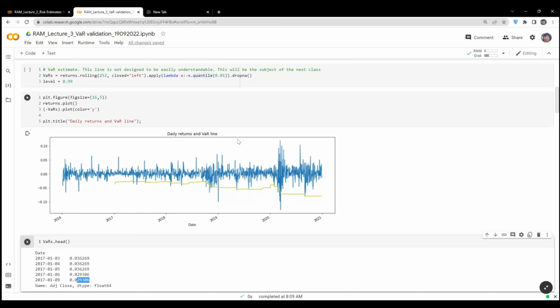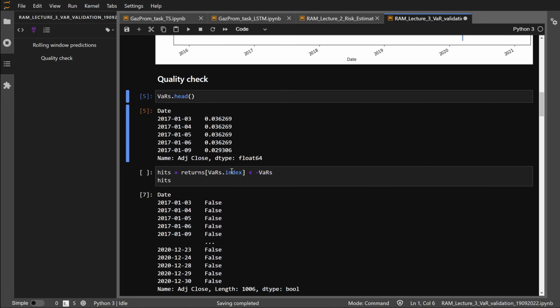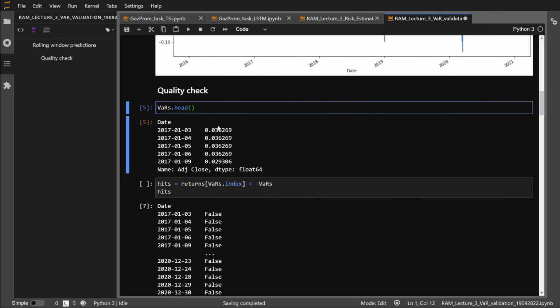And this actually led us to construct a formal statistical hypothesis testing procedure that allows us to statistically assess if the losses on those days, when losses are greater than value at risk, occur not very often.